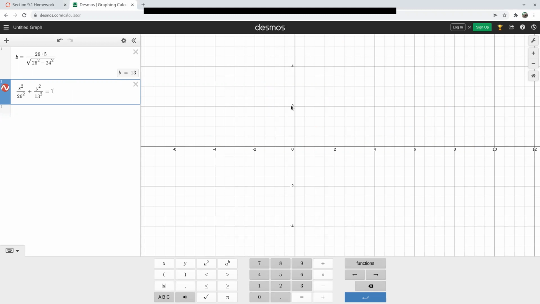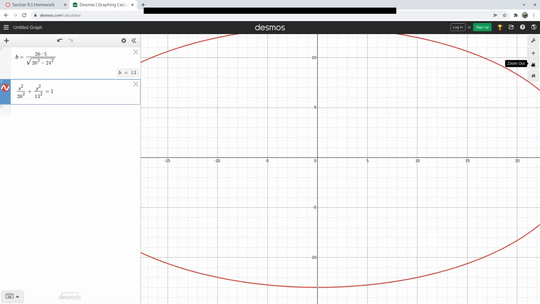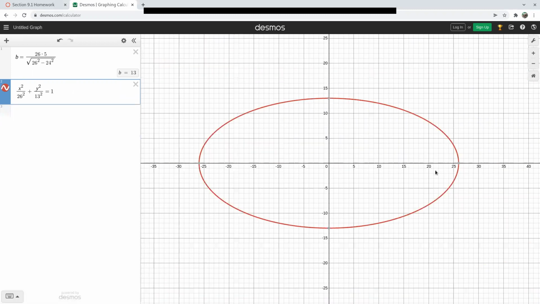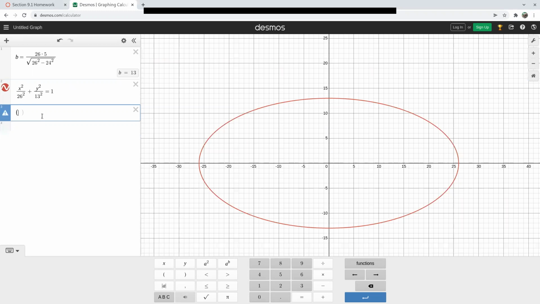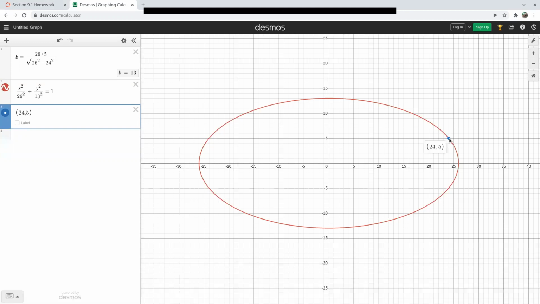And, oh, it's just bigger than my screen, so we need to zoom out. There she is. All right. And then I think I should have the point 24, 5. So to check that, I'm just going to plot the point 24, 5 and see if it sits on the ellipse. And bang, there it is right there on the ellipse, the point 24, 5.